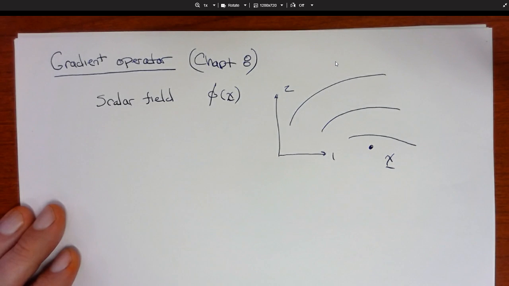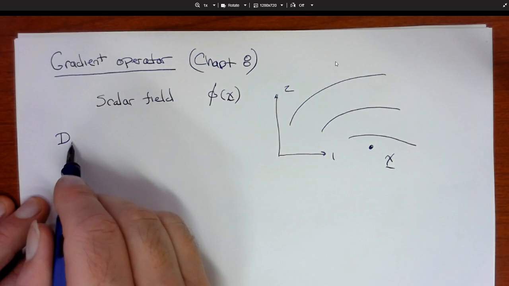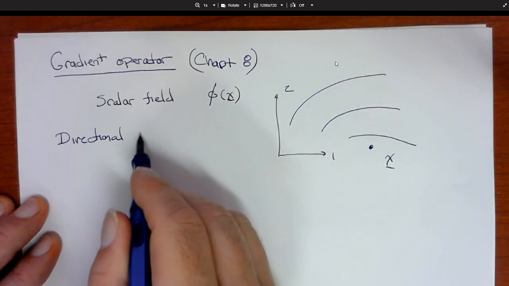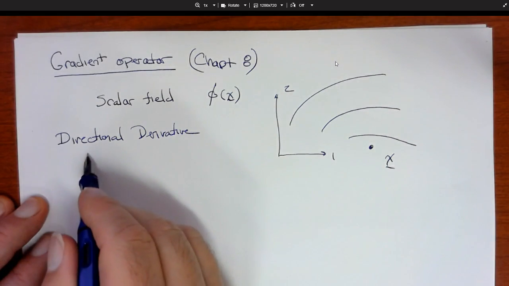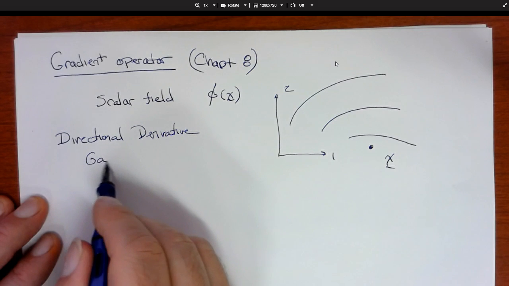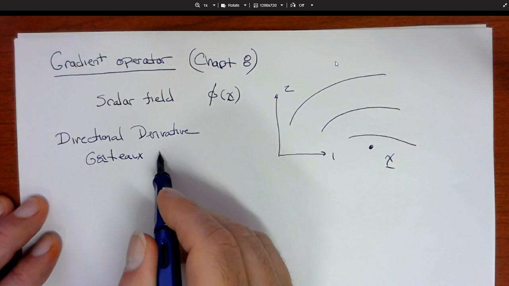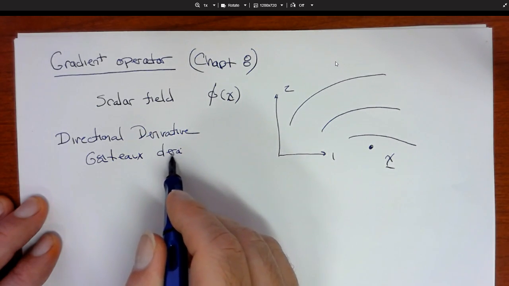And we want to think of taking the derivative, but in a certain direction. So a directional derivative. Sometimes people call this a Gateaux derivative. Or actually, it's really a generalization of the Gateaux derivative.